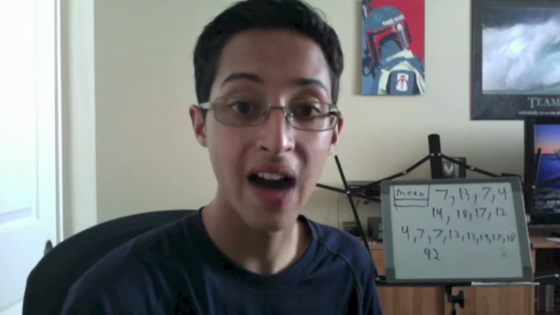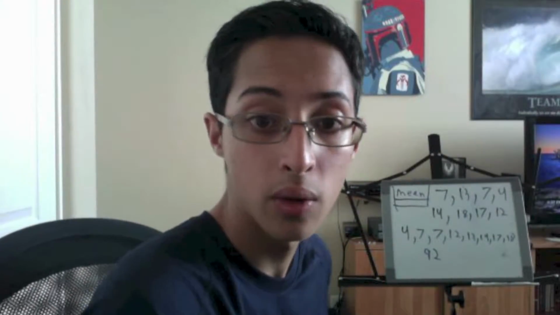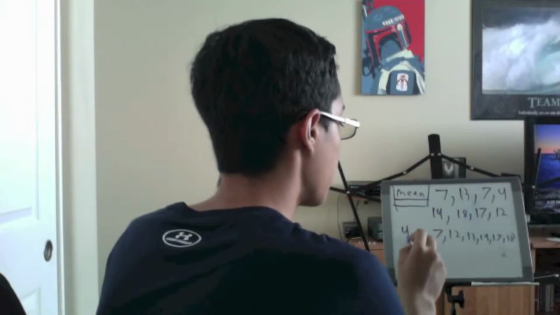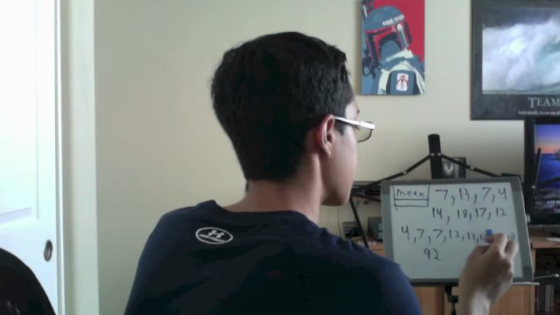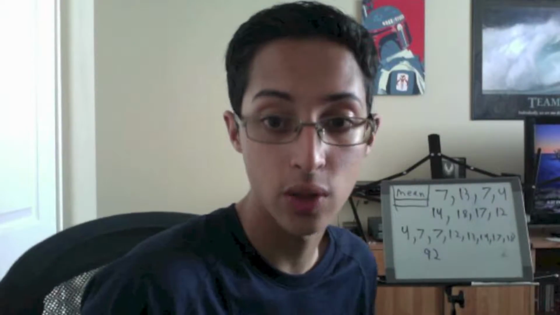And now we would divide it all up. So that would mean that we would have to divide 92 by 1, 2, 3, 4, 5, 6, 7, 8. 92 divided by 8.